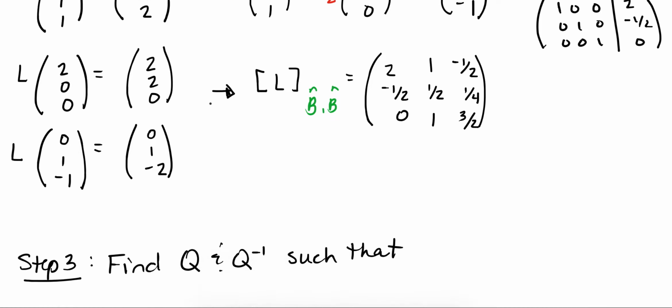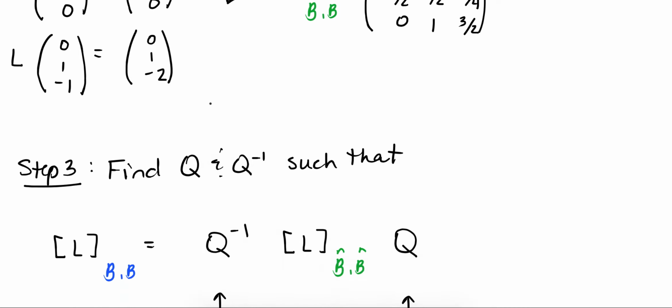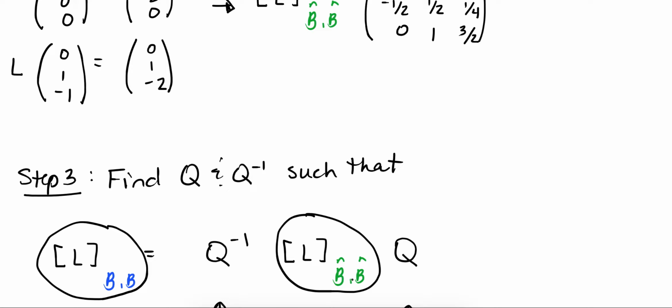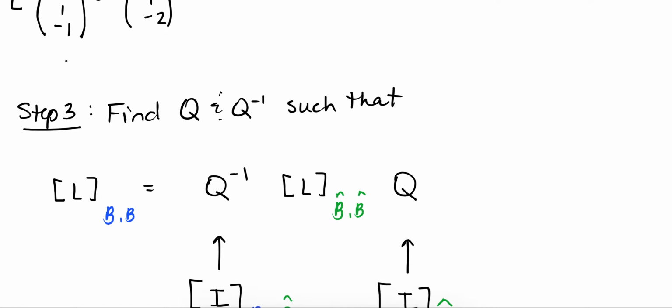What's our next step? We want to find this invertible Q such that the matrix with respect to L and this basis is equal to Q inverse, this matrix with respect to this basis, times Q. Okay, how do you do that?